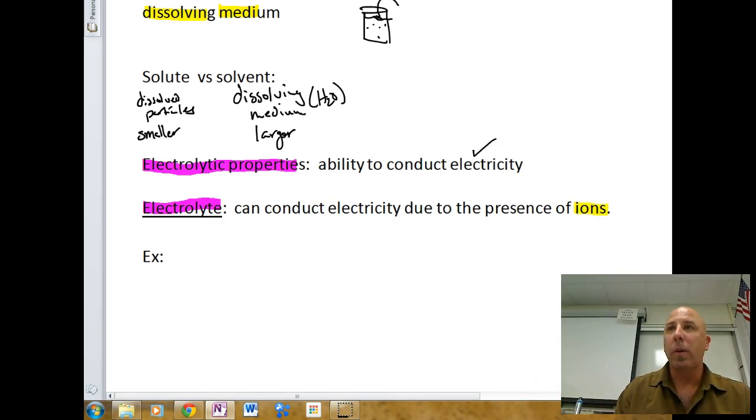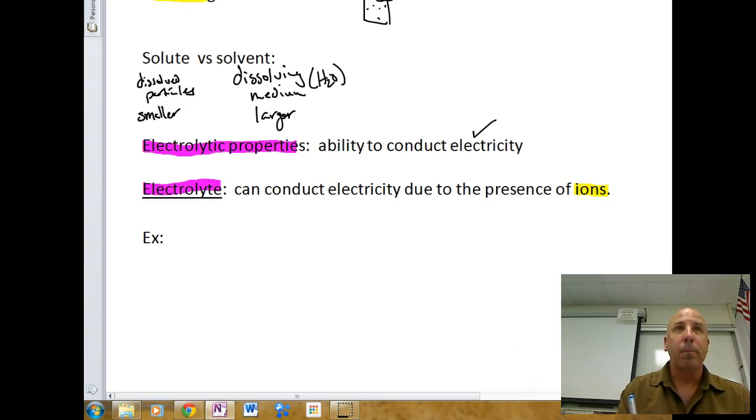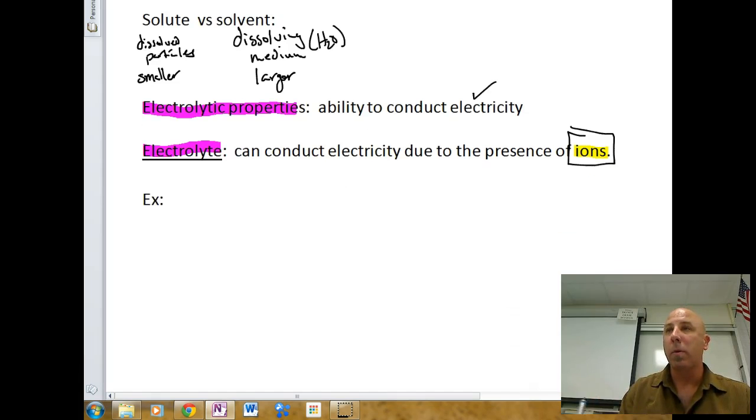What we're talking about is the dissociation of ionic compounds from a solid ionic compound into its ions. And so we have to remember what the charges of those ions are, and that's why we know how to look up charges on the periodic table, or why we memorize charges of polyatomics, because they often come up.